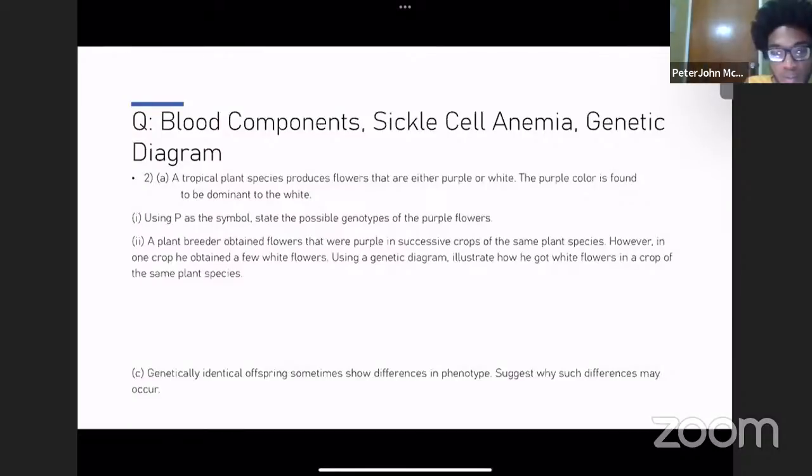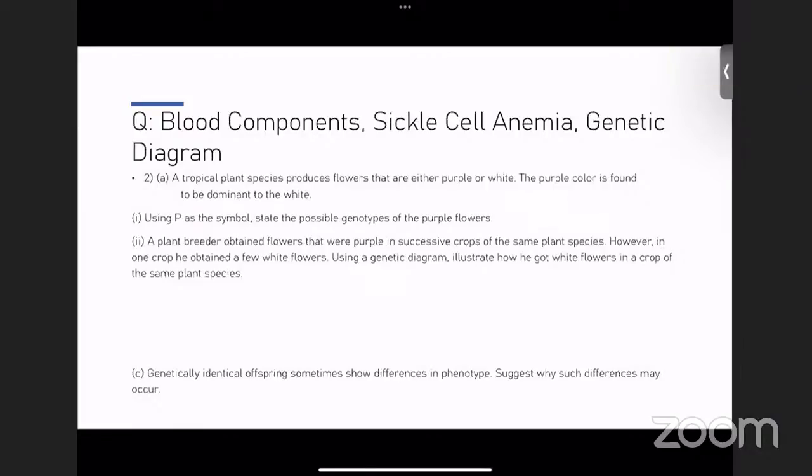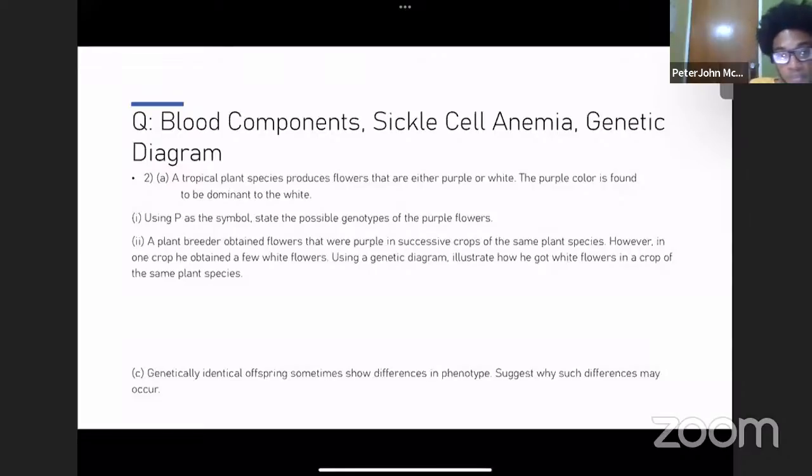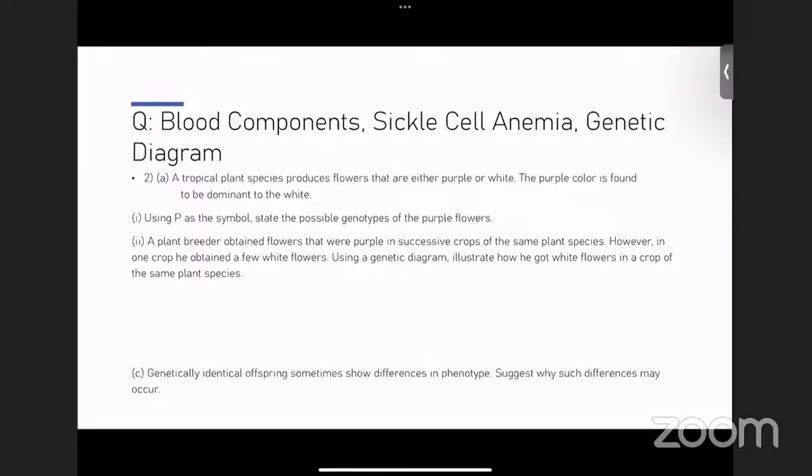All right, so what are we thinking? Capital P for dominant, purple flowers, and small p for white. All right, so what's the genotype of the purple? PP.